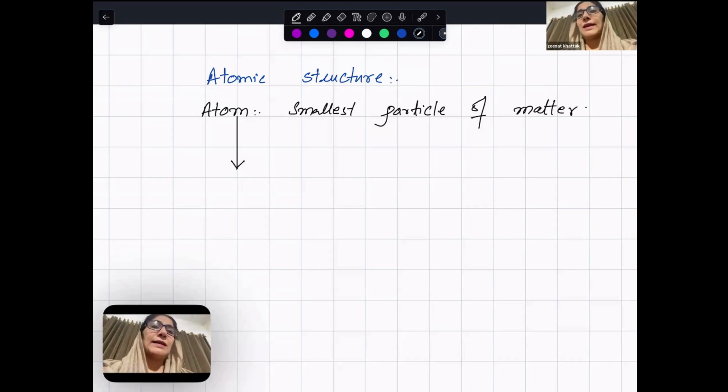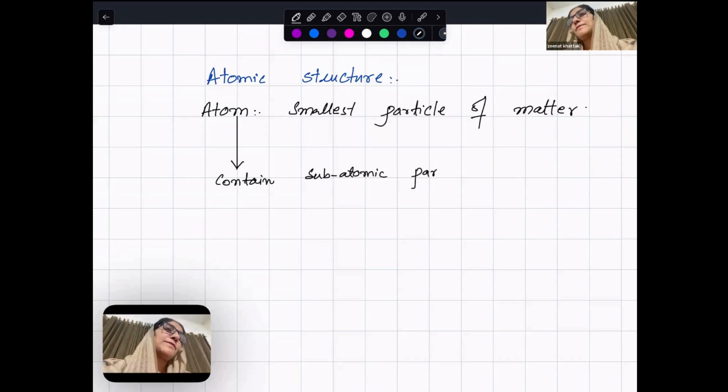Atom contains what? Subatomic particles.